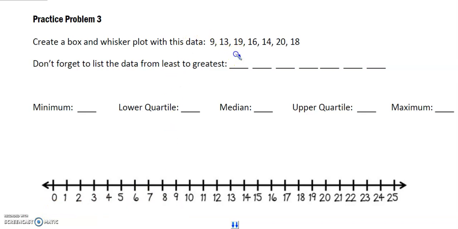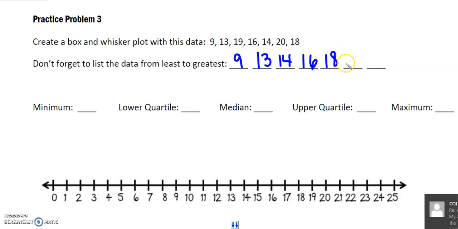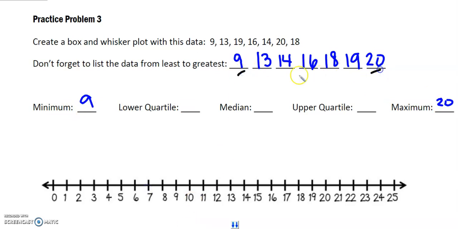All right, you should have put these in order: 9, 13, 14, 16, 18, 19, and 20. Your minimum should be 9, maximum 20. Now you need to find the middle. Cross them off to find the middle. My middle this time is 16.